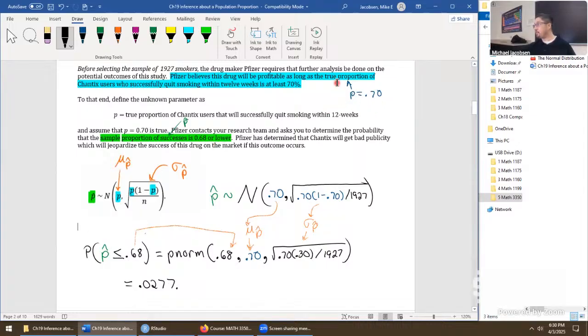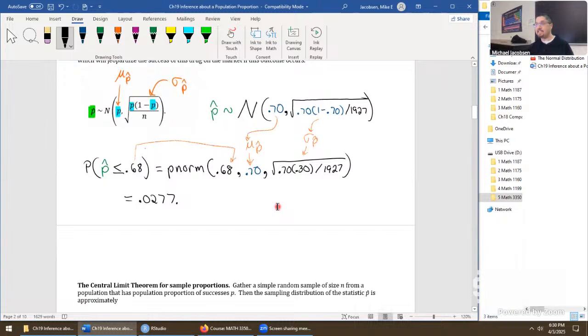If they believe this is really true and they're going to stick with that figure, then this might be concerning. They're going to have to decide how much potential money could they make off Chantix, how much potential money could they lose if this outcome with the 3% chance really happens.